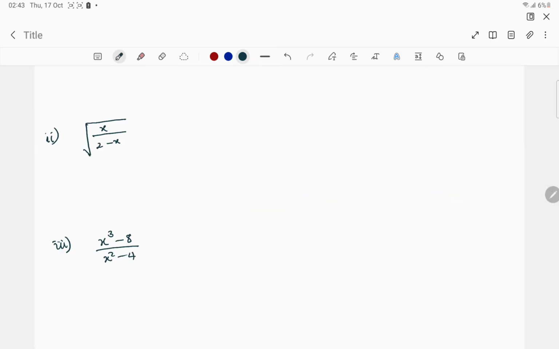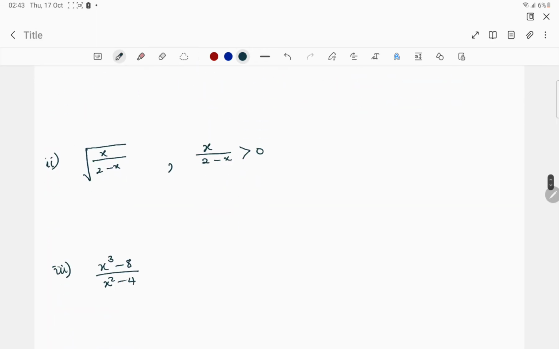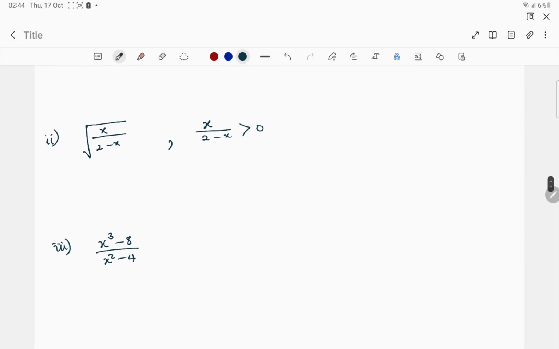Then for the second one, we know that for a function to remain valid under the square root sign, we should have x over 2 minus x being greater than 0. So x over 2 minus x should be greater than 0.